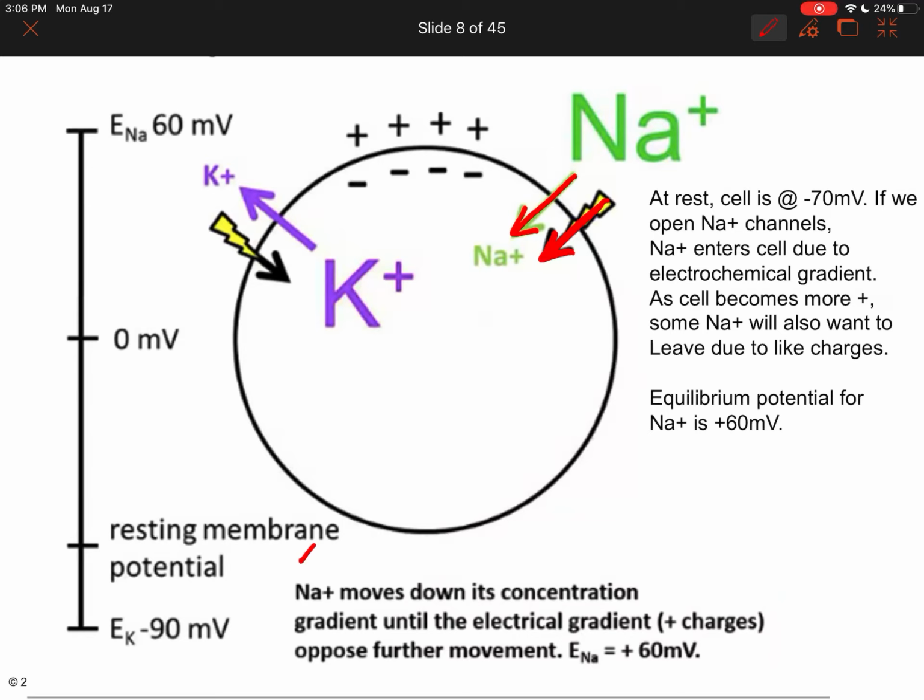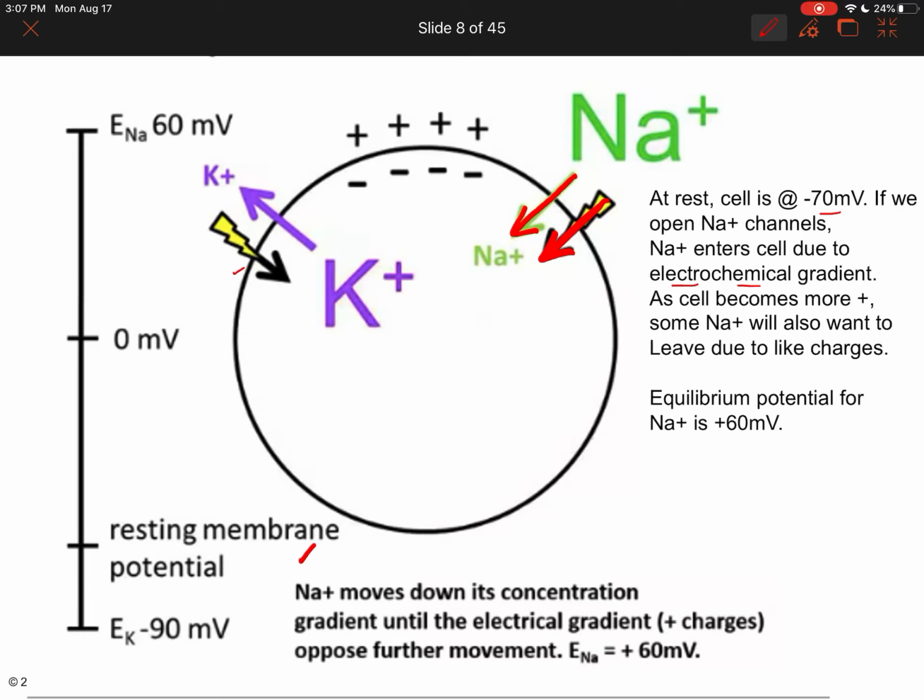So instead of potassium, where we have opposing forces, where the concentration gradient wants to move potassium out and the electrical gradient wants to pull potassium back in, with sodium both forces work in the same direction. So at rest, the cell is at negative 70 millivolts. If we open just the sodium channels, sodium is going to enter the cell due to both its electrical and chemical gradient.